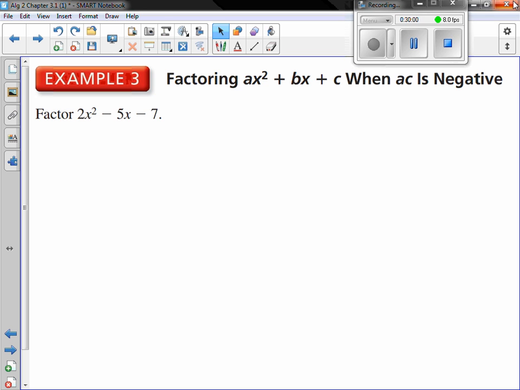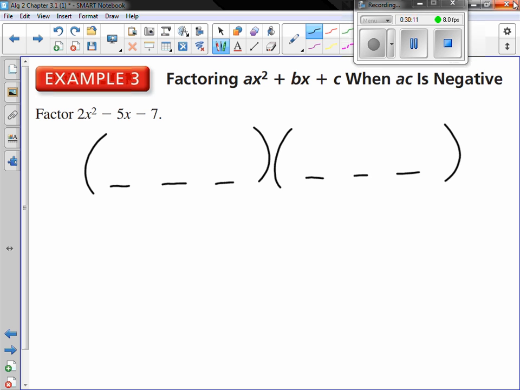So looking at this one here, is there a greatest common factor between 2, 5, and 7? No. So that means we do two sets of parentheses with three spaces. So the constant term is -7.